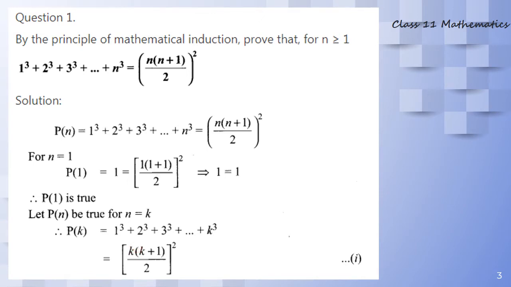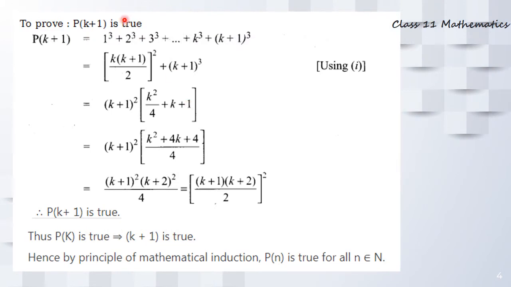Come to the next. To prove P of k plus 1 is true, what is P of k plus 1? This is actually the LHS only. So take the LHS of the given problem. We know what P of n is: 1 cube plus 2 cube plus 3 cube, and so on, up to n cube. Here n value is k plus 1. Therefore, what is the sum of the first k terms?